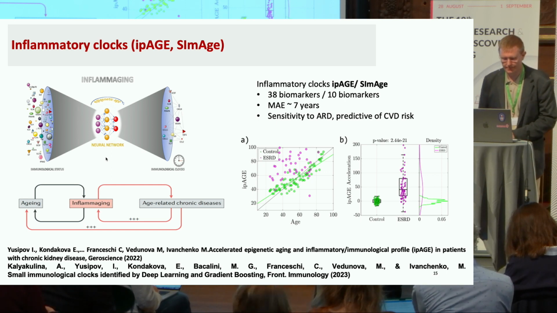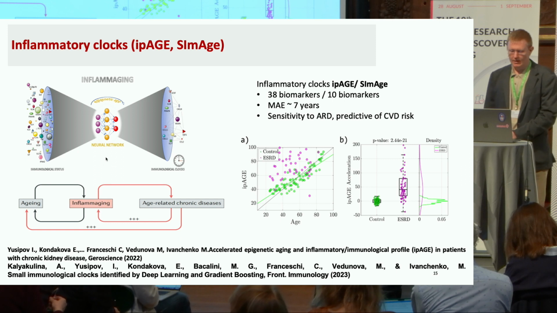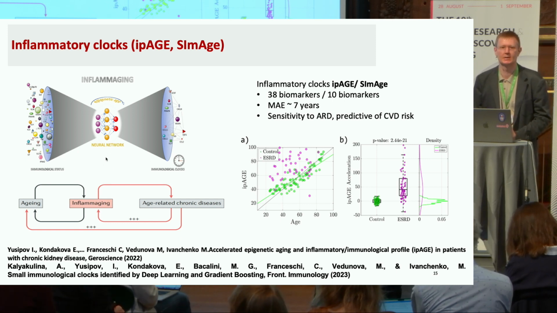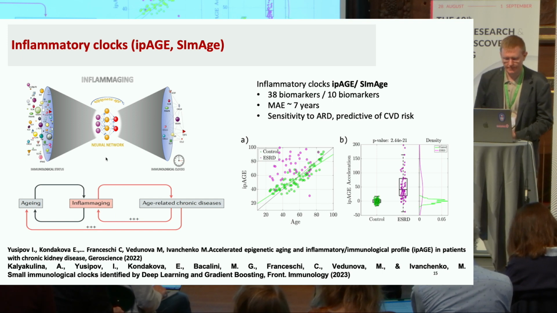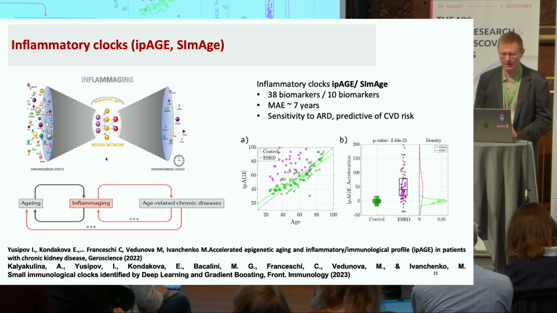The small inflammatory clock was published very recently, last month, and it's quite accurate and predicts the severity of different diseases, including rheumatoid arthritis and cardiovascular risk.